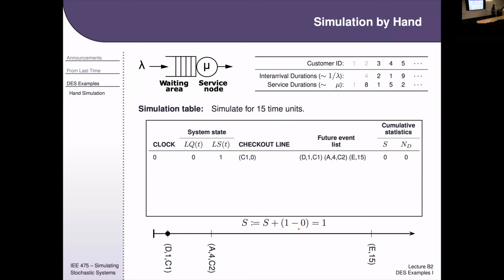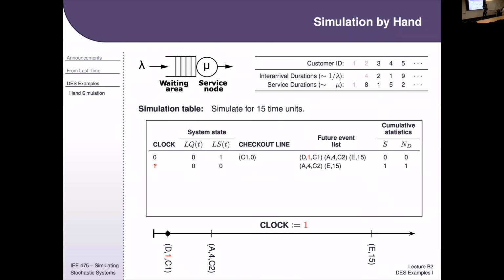So that cumulative response time goes from 0 to 1. I'm going to remove customer 1 from the checkout line here, so it'll be an empty checkout line. And I'm going to reduce the number of customers currently in service because this is a departure. So there's 1 less in service. And I'm now moving the clock forward to that time.